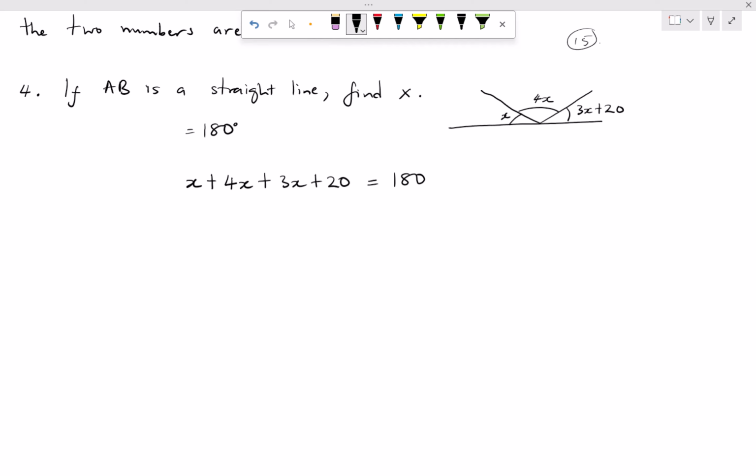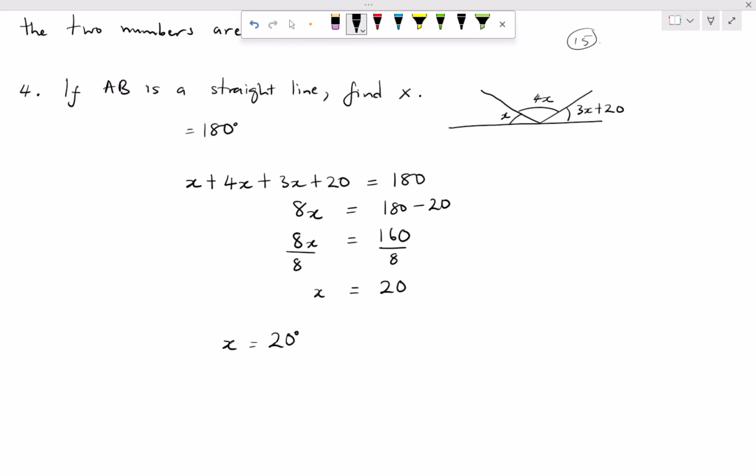Now we group like terms with x plus 4x, that's 5x, plus 3x, that's 8x, is equal to 180 minus 20, that gives us 160. So we have 8x is equal to 160. Then we divide both sides by 8 and we get x is equal to 20. That means our x is 20 degrees.